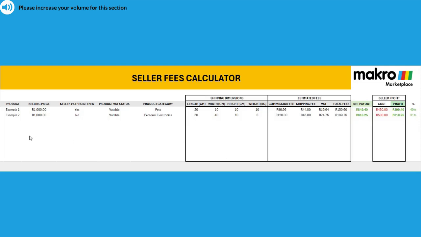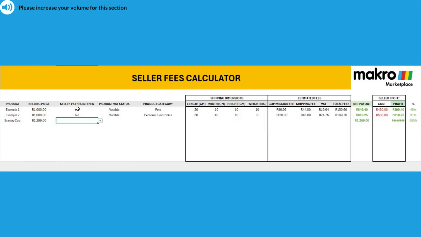Let us do an example to show you how you can use this calculator to calculate your own orders. We're going to make an example of a Stanley cup. That is the name of the product, and we're going to sell this product for $1,299.